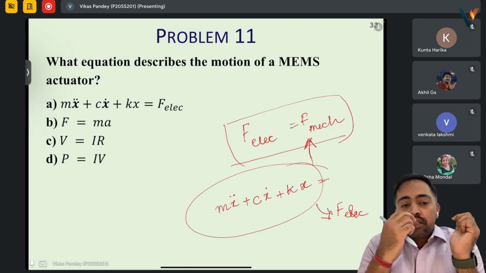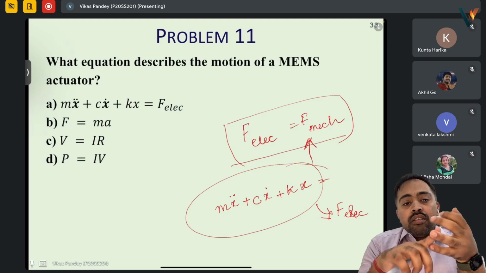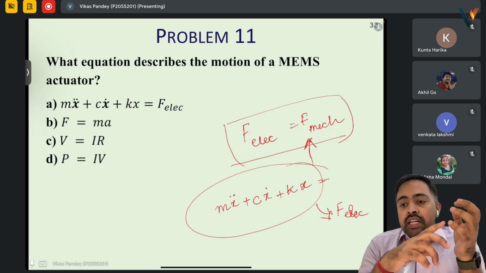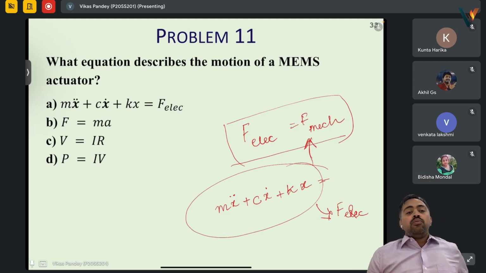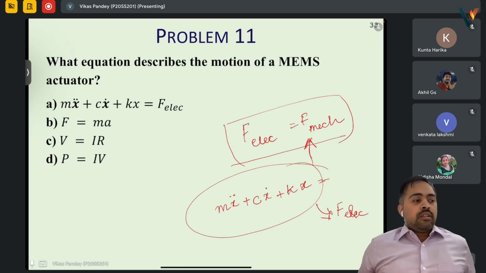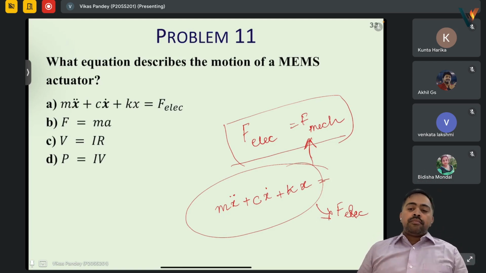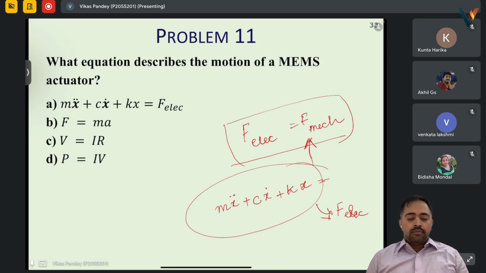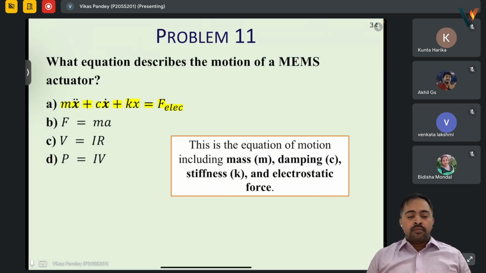The parameters here will be the mass, the spring constant, and these things. So what will be the correct answer, the equation that describes the motion of a MEMS actuator? It is A.